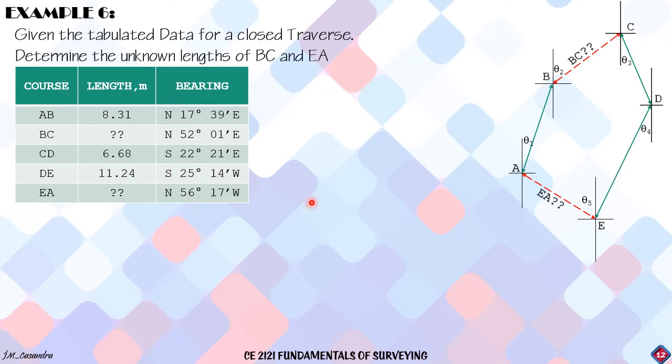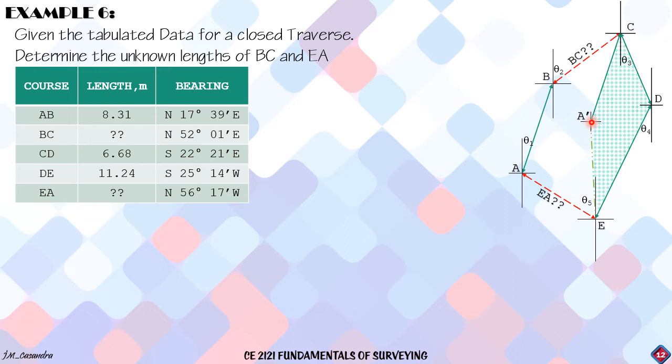From the figure, we can move line AB to either point C or point E. So you can choose. For me, I'll be choosing point C. So I'll be closing it at this point and line E. Let's call this point A prime.